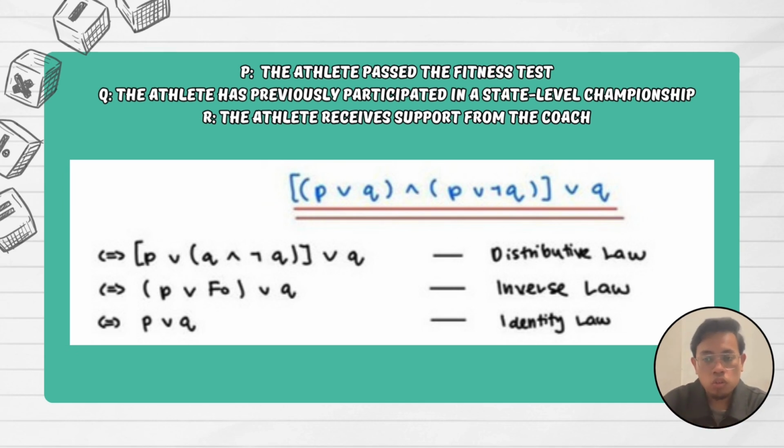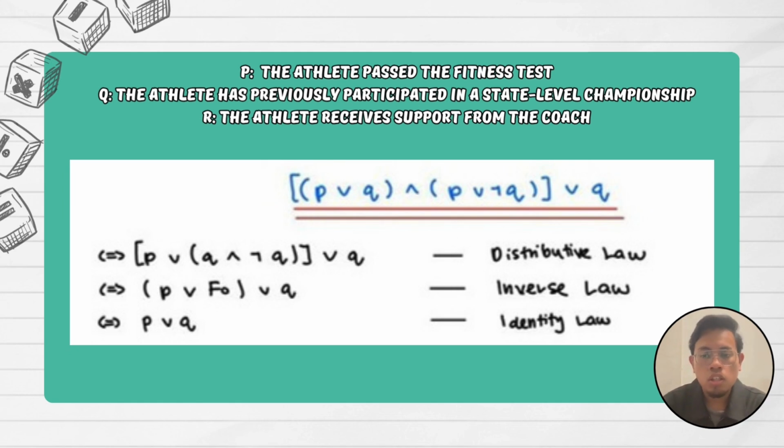After that, we can identify there is Q and not Q. These contradictory parts can be reduced using the inverse law. So we can use the inverse law to reduce Q and not Q into a contradiction.